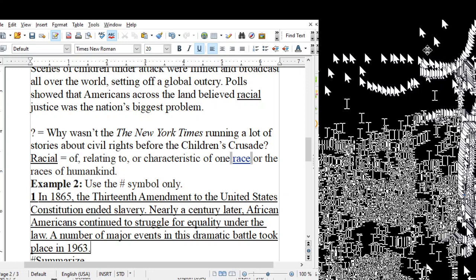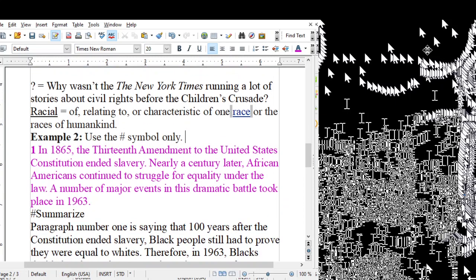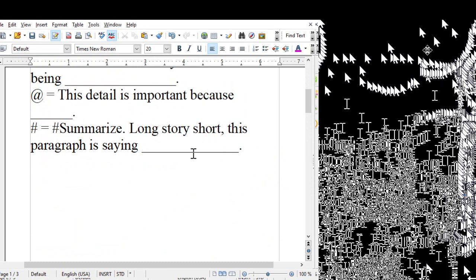But because we are doing this on a Word document, I don't want you to underline it. Just pick a color that you like. Any color that you like, okay? And then at the bottom, you put hashtag summarize. So I could have started off and said this, long story short, this paragraph is saying.